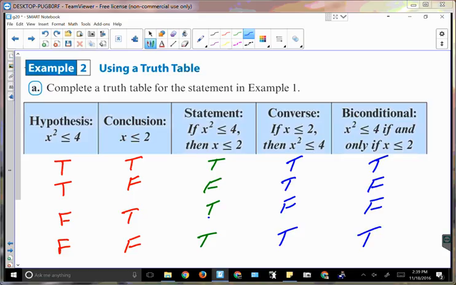So what we've managed to do here is determine when this is a true statement. Okay? It is only a true statement if we choose an X that makes hypothesis true and the conclusion true. If we have a value that makes either one of these two false, the statement is false.